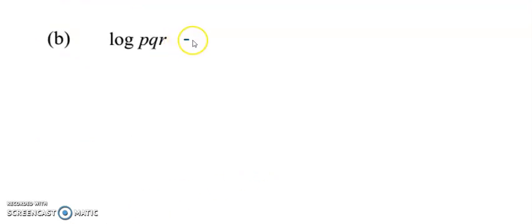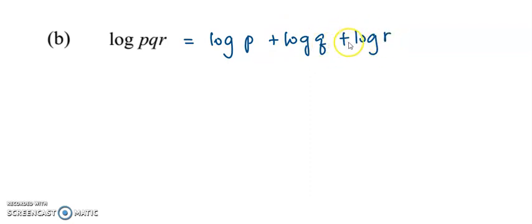If we have log pqr, it means p multiplied by q multiplied by r. We can always write it in terms of log p plus log q plus log r, provided all the logs have the same base as the original log.